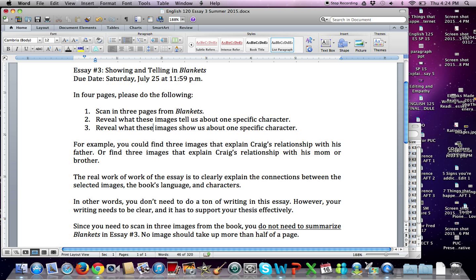The real work of this essay is in the explanation work, okay? It's explaining the connections between the selected images, the book's language, and the characters in question. So in other words, you don't need to do a ton of writing in the essay, but you need to do very good writing, and it needs to be very clear, and it has to support your thesis effectively.